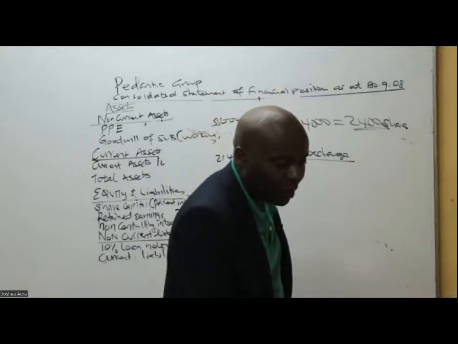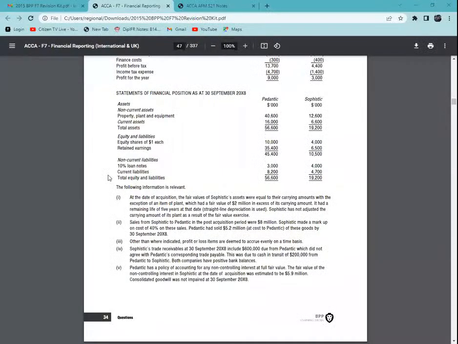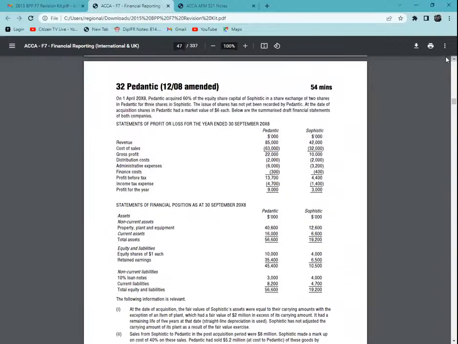What they've told us here, which is quite interesting, is that on 1st April 2018, Pedantic acquired 60% of the equity share capital of Sophistic in a share exchange of 2 shares in Pedantic for 3 shares in Sophistic.